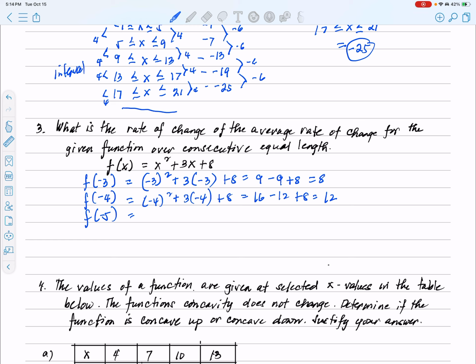Okay? f of -5. Let's say -5 squared plus 3 times -5 plus 8. So I have 25 minus 15 plus 8. I have 18.